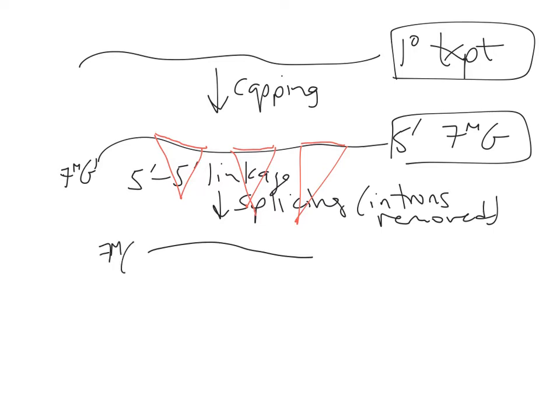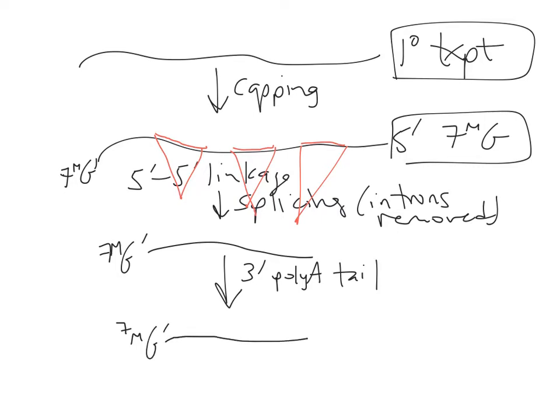So you still have a 7-methylguanosine cap. Introns have been removed. And then what's that third step? You add a 3' poly A tail. That's another enzyme entirely. And at the end of that, you have a 7-methylguanosine cap on a spliced RNA molecule that now has a bunch of A's, usually hundreds, on the 3' end.